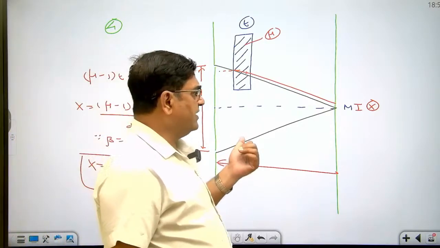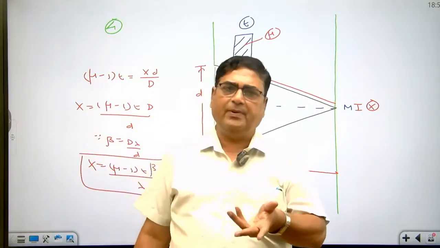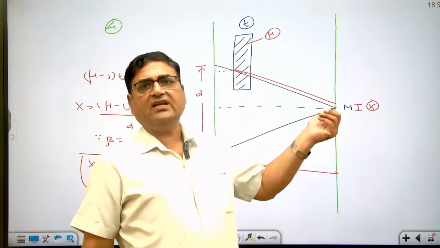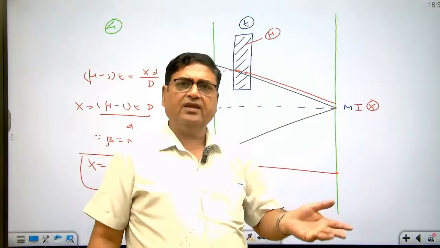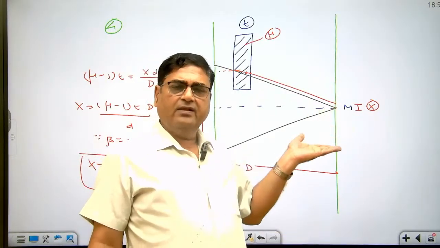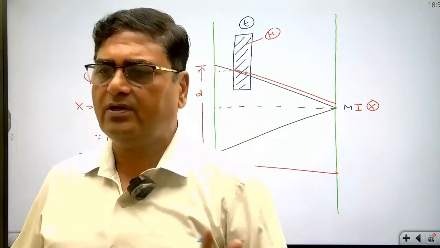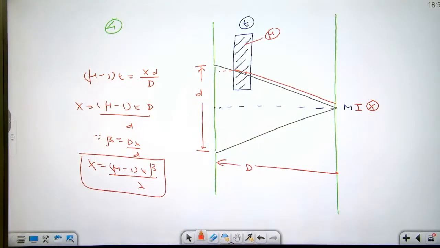So you can understand, if x equals beta by 2, what will happen? In place of the central fringe, the first dark fringe will come into the picture. If x equals beta, then what will happen? In place of the central fringe, the first bright fringe will come into the picture. Okay, dear student, hope you understood the effect of placing the slab.